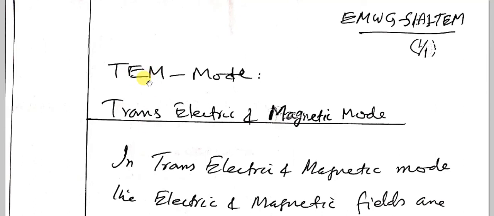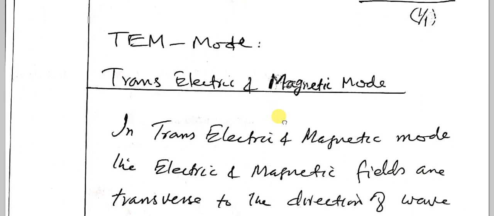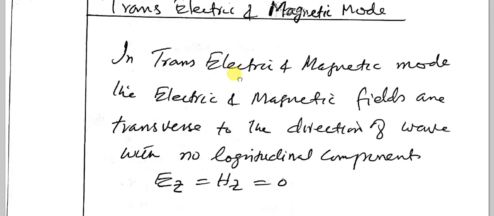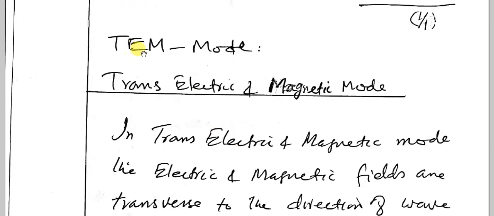In the transverse electric and magnetic mode, in free space, if the electromagnetic wave is not bounded by any two regions and is propagating inside free space, then it has the transverse electric and magnetic mode. In that case, the longitudinal component of E and the longitudinal component of H, the magnetic component, will both be equal to 0.